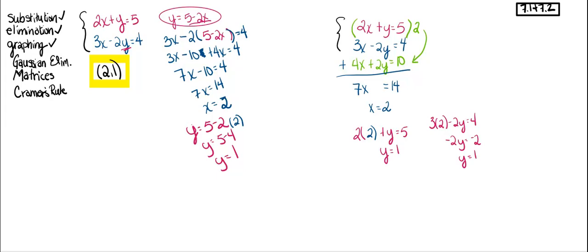So when I change my color up here, my solution set is the ordered pair (2, 1). So I have the same answer using the elimination method, using the substitution method, or graphing. Any of them work. You get to choose what is easiest for you to use. I'm not going to dictate how you do it.